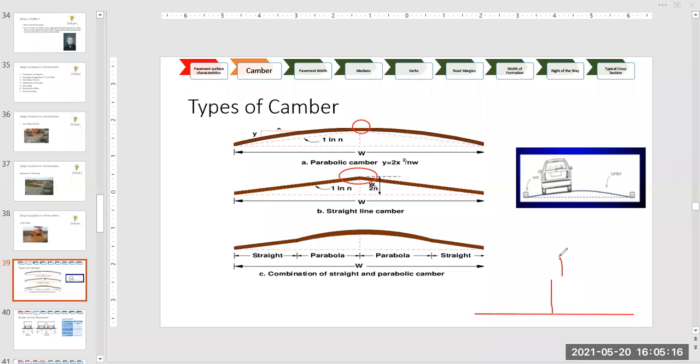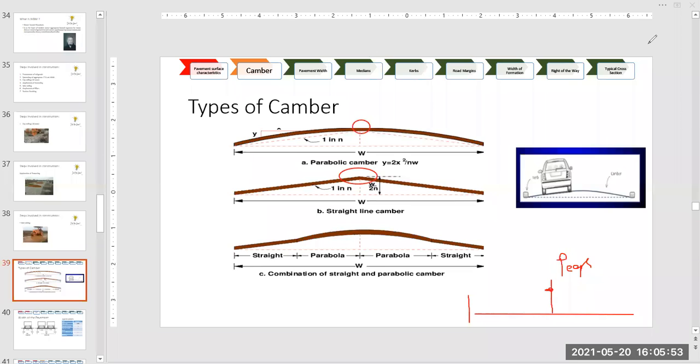They'll put the pegs at the center and pegs at the outer edge. So they will mark the level.